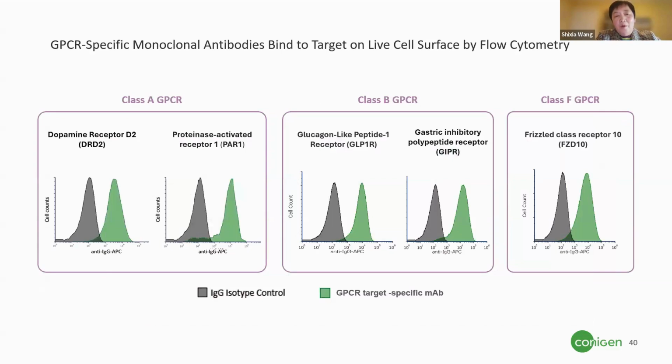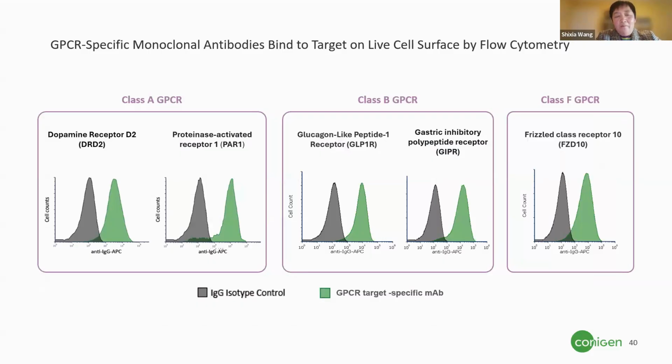Then we use the monoclonal antibody technology, hybridoma technology, to generate monoclonal antibodies from the immunized mice. These are a few examples of the monoclonal antibodies we generated against the class A, B, and F targets.